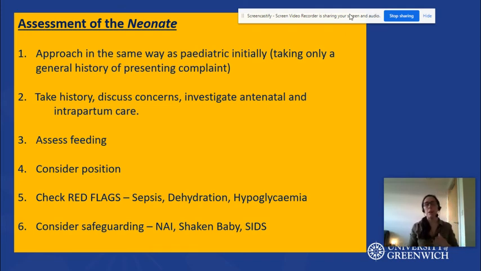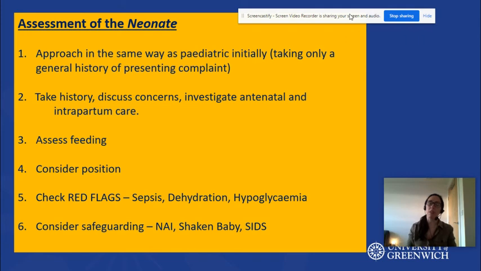You're going to be thinking about red flags. So any signs of infection, and especially those signs of infection that might turn into sepsis. Always thinking about sepsis with babies, with infants, with pediatrics, with children. We're going to be looking at dehydration. And we're going to be looking at hypoglycemia, because with the feeding habits developing crucially in the first 28 days, any diabetic habits or hypoglycemia will tend to occur around then.